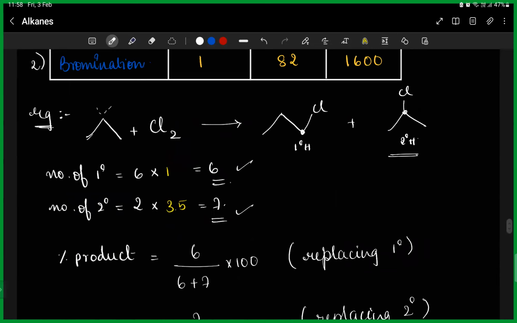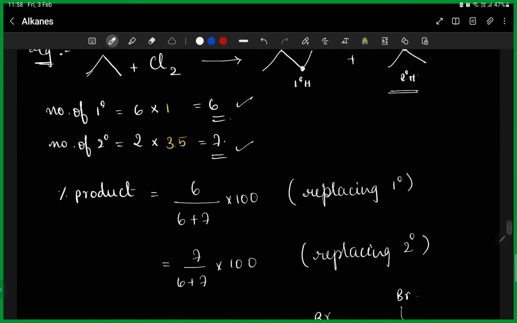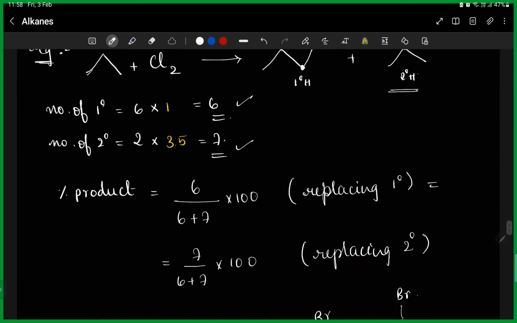So whenever such kind of possibilities are there, both the products are formed, one will be major and one will be minor. So when we calculate these percentages, we can find it. So 6 by 13, we'll get some 46% here and 54% here.